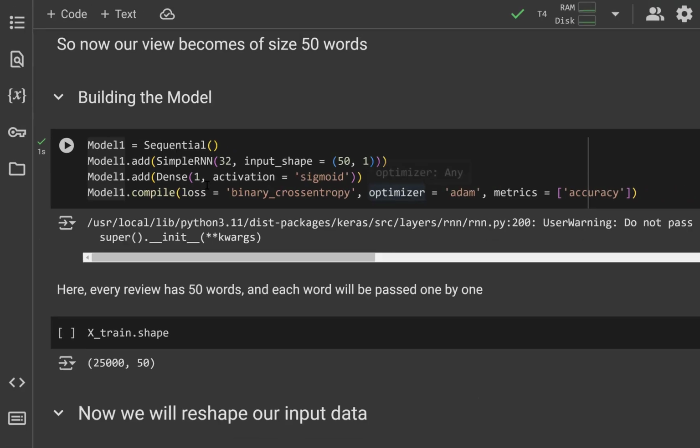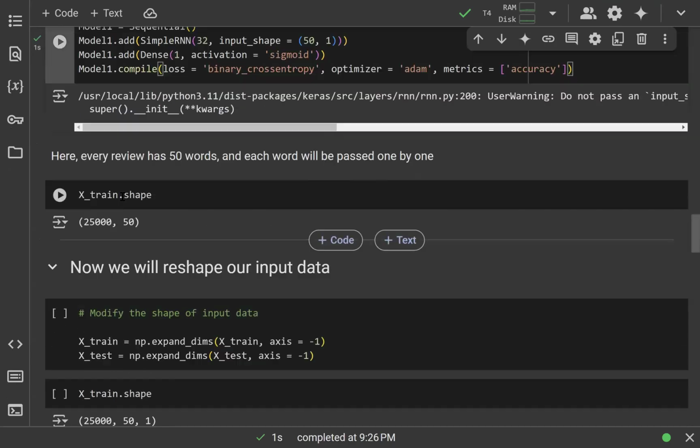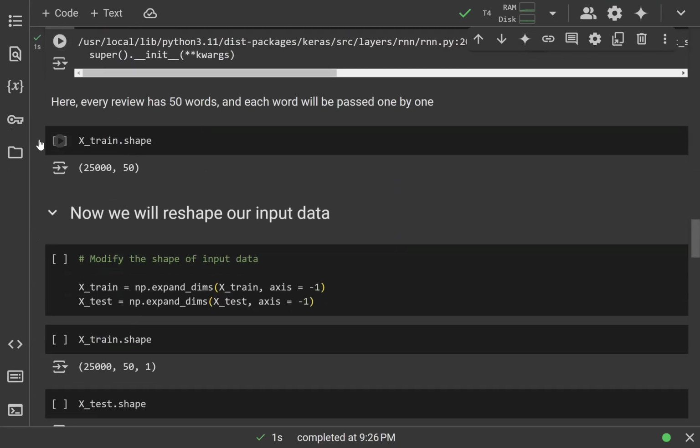So guys, here we have built the model. Now we are going to run it. One more thing, let's discuss the shape part. Every review will have shape 50, 1. But how many reviews do you have?